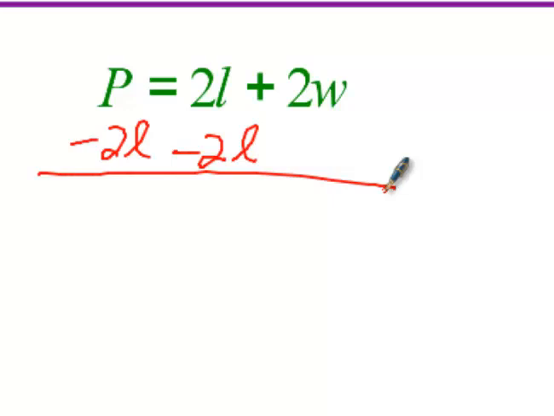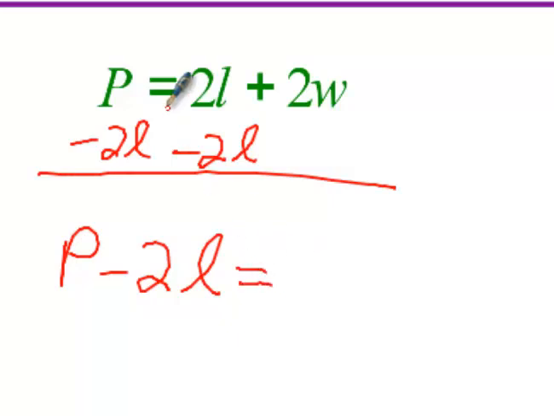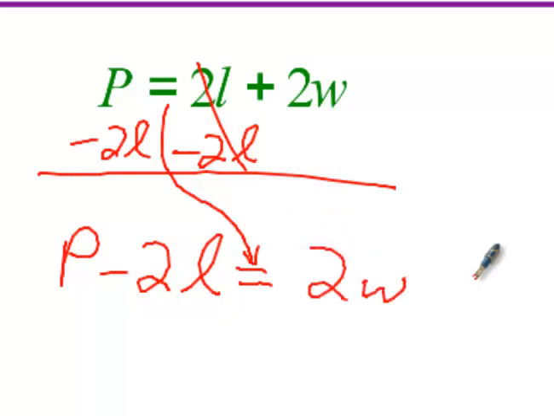Now, P minus 2L. Is there anything there that you can group? No. So it comes down just like that. Here's your equal sign from here. This cancels and leaves you with just 2W. Now again, what are we trying to get by itself? The W. So how do you get W by itself now?